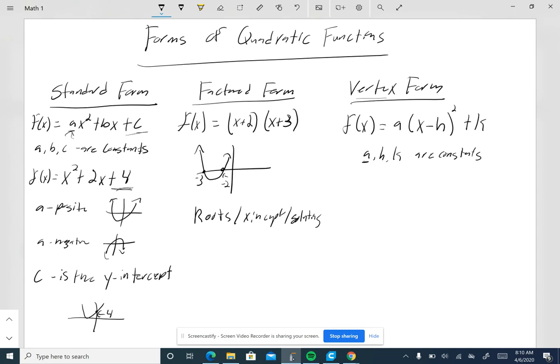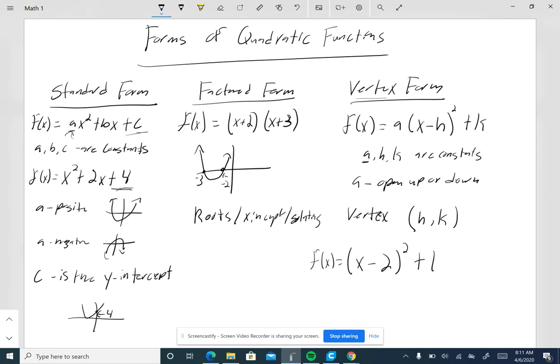And first of all, what does this tell us? We know a is going to either open up or down. And then it tells us the vertex. We'll talk more about this later, but the vertex is h comma k. So if I had a function like this, x minus 2 squared plus 1, my vertex would be 2 comma 1.